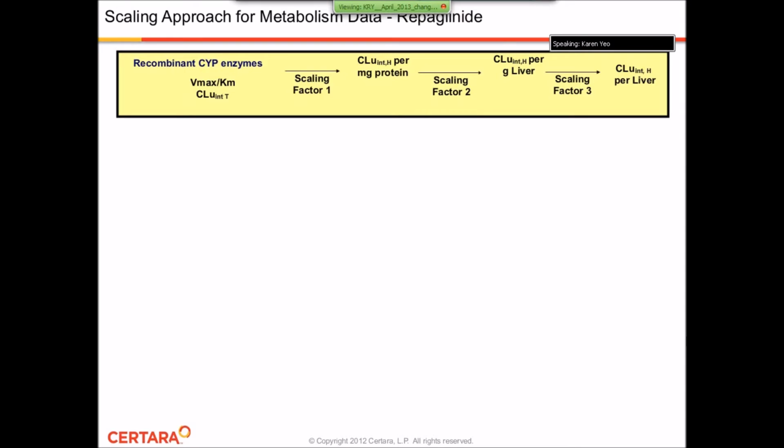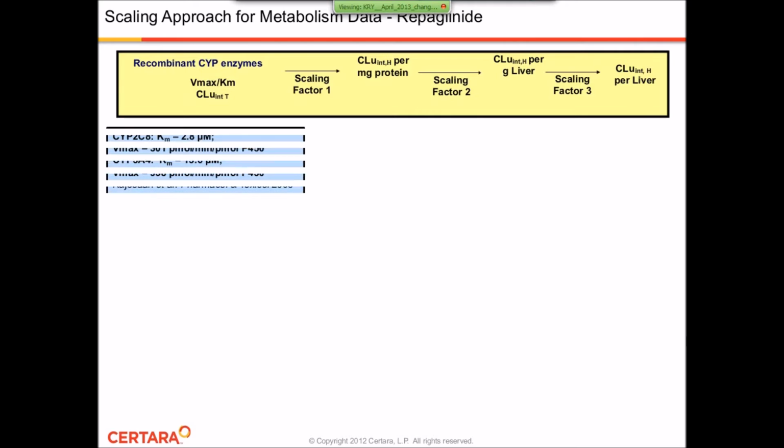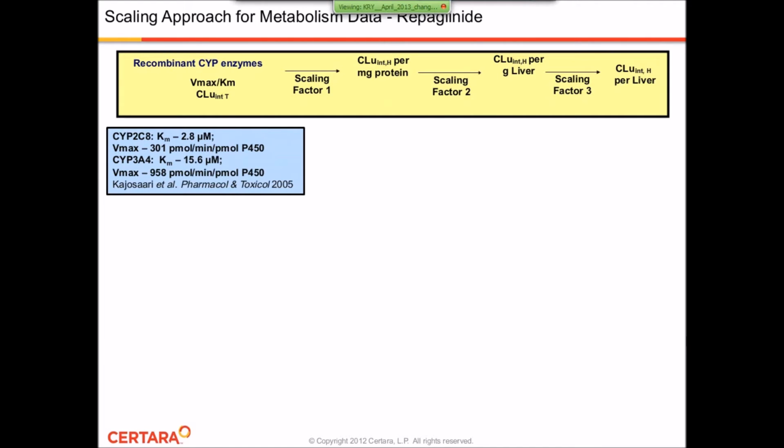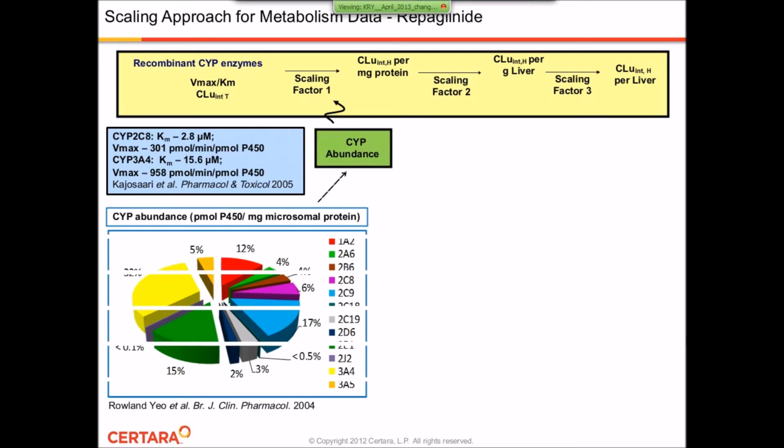So just to show you how we would actually scale the data internally within the model and incorporate variability, we've got the data from the enzymes here, and that was taken from this publication. The next scaling parameter that we would apply would be CYP abundance, and this is the amount of P450 per milligram of microsomal protein.